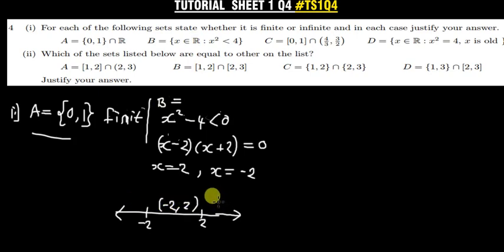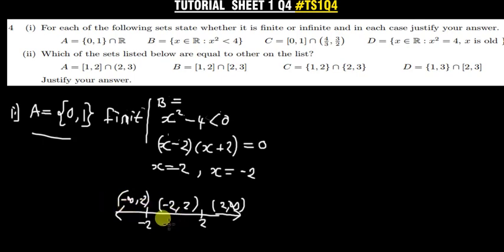And this side we have all numbers which are greater than 2, so our x this side will be greater than 2. So the set this side can be written as 2, infinity. And this side we have negative infinity, negative 2.